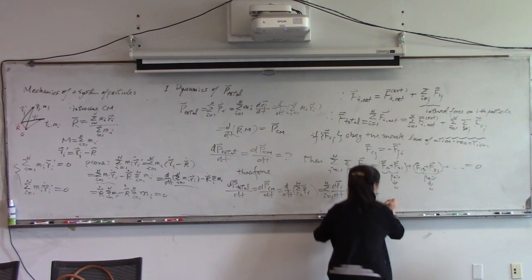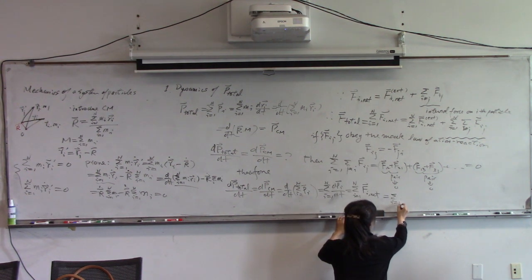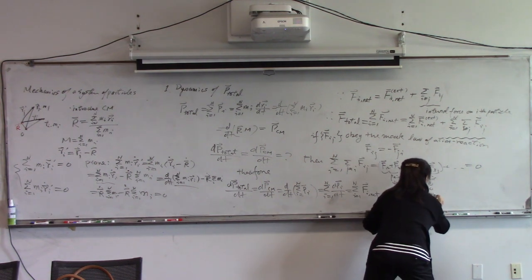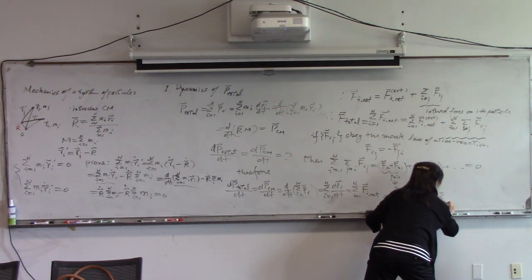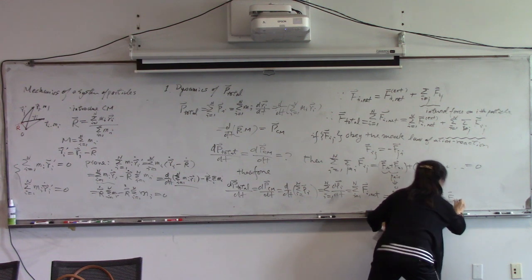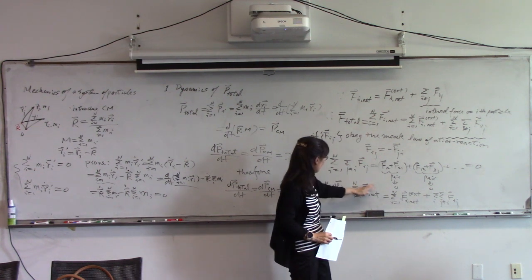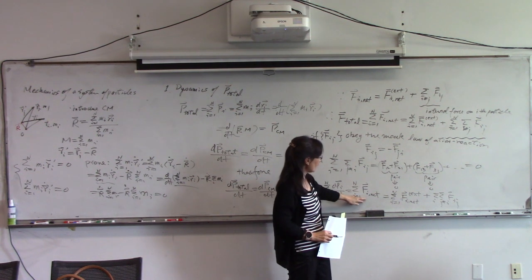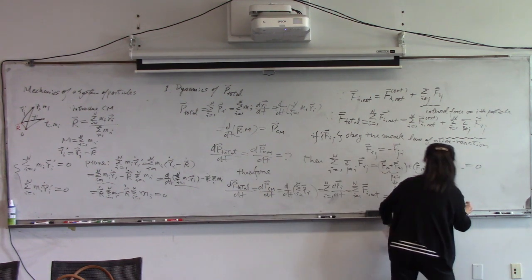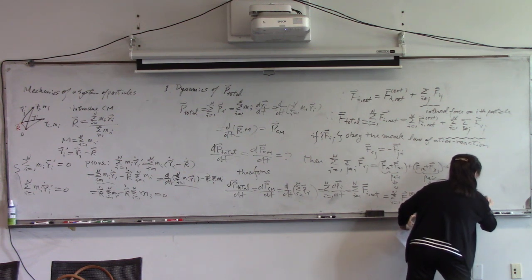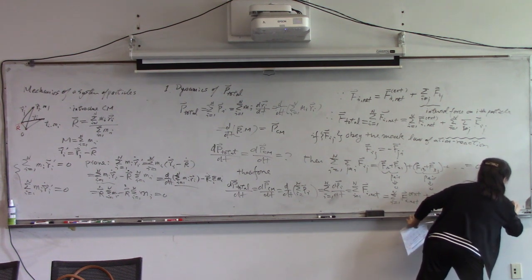The sum over i from 1 to n of the external force plus the internal force is the total force. The internal part is 0, so finally it depends only on the external forces, the sum over all individual particles of the external force, which I will call the total external force.